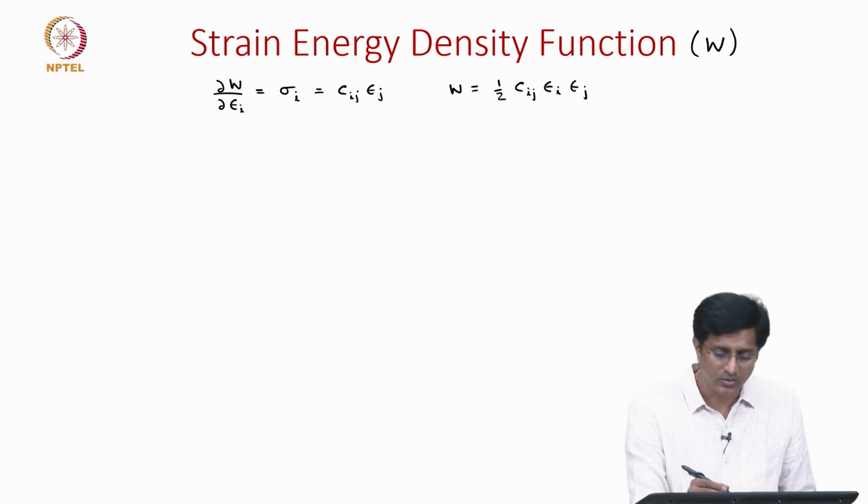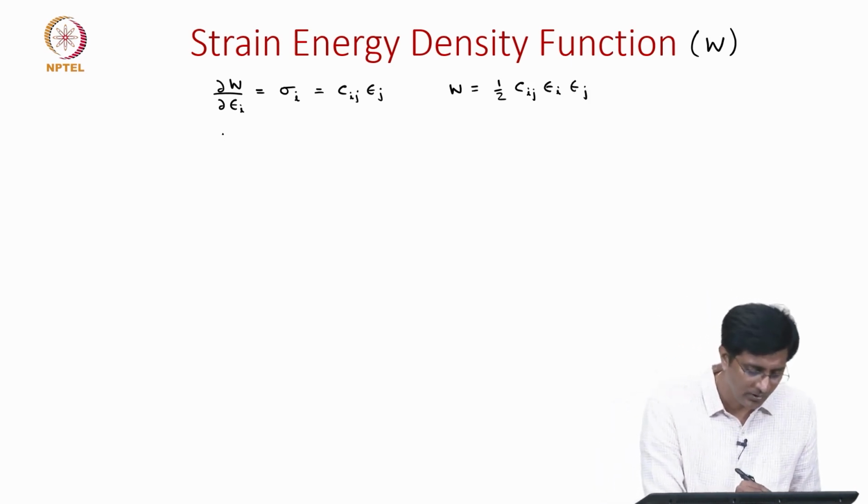So, we can do the double derivative of it, meaning ∂²W, by first differentiating with respect to epsilon i and then differentiating with respect to epsilon j. This should show us that this value reduces to C_ij.